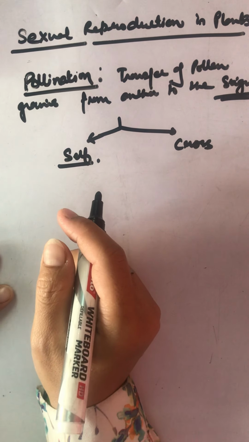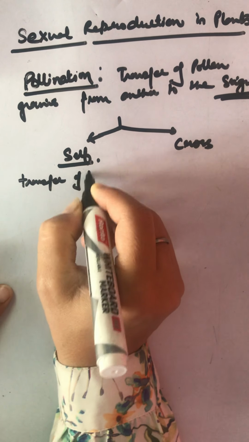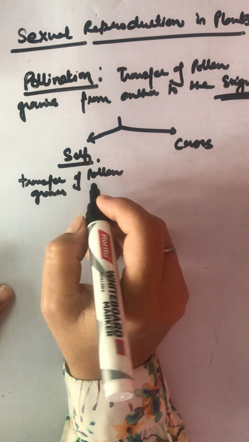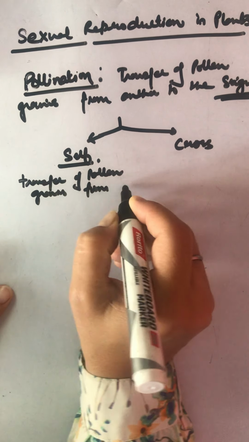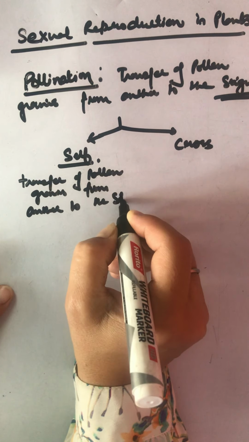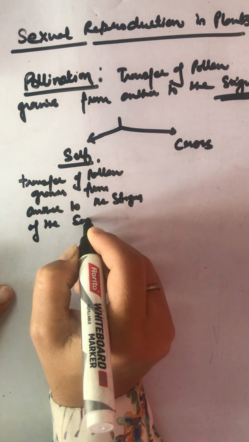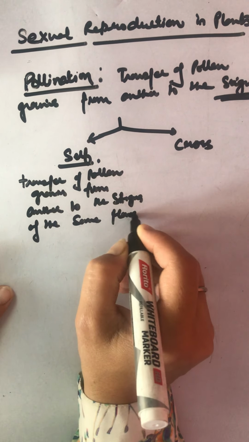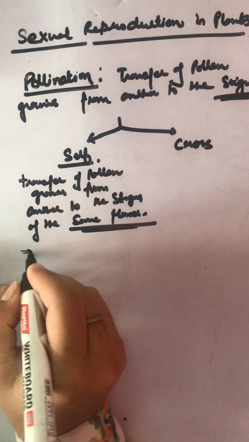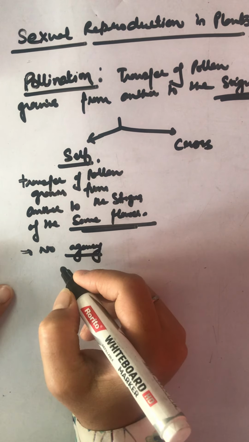Self, as the name suggests, transfer of pollen grains from anther to the stigma of the same flower. Okay, same flower is self. No agency required, like wind or water.